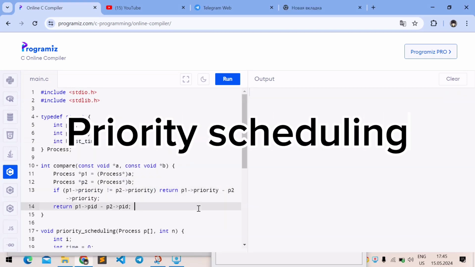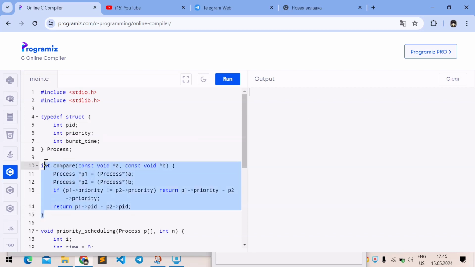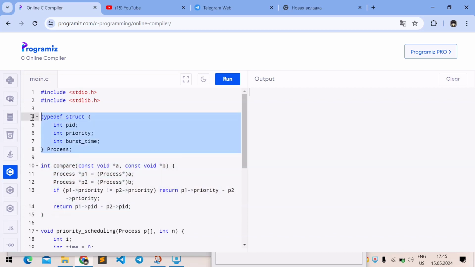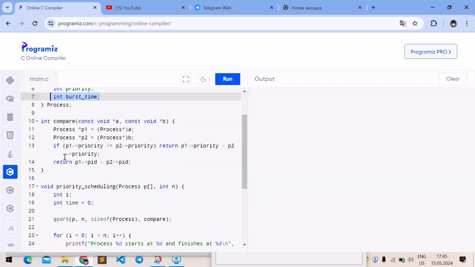And the next algorithm is priority scheduling. Here, as in round robin, I have a structure with process ID, its priority, and burst time, and a method for comparing processes. First of all, it takes process priority, then compares, and returns the process with the highest priority.